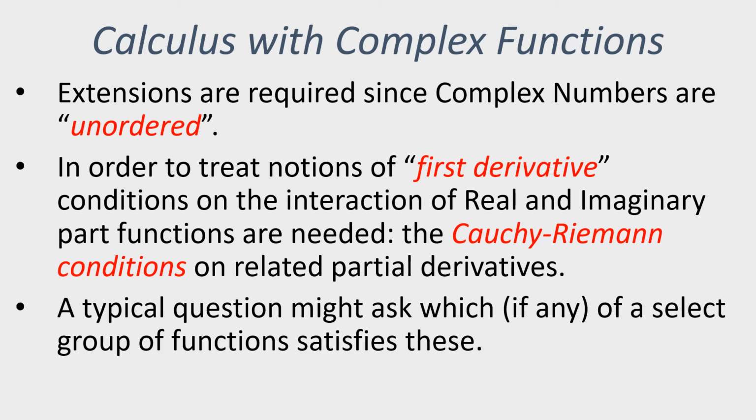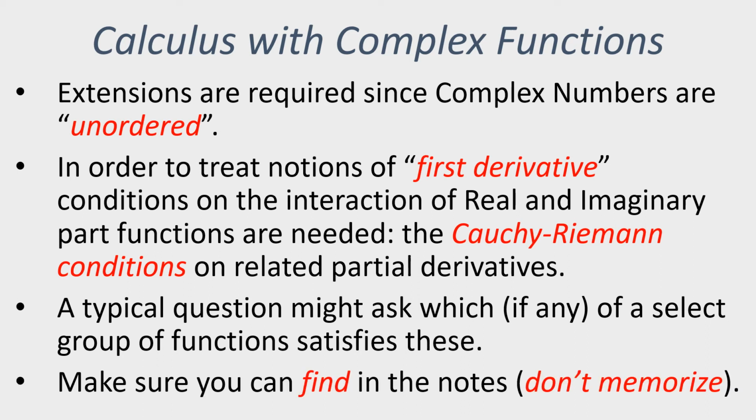A typical question might give a particular function and ask which, if any, of the Cauchy-Riemann conditions that function satisfies. So you should make sure for that type of question that you can find where in the notes the Cauchy-Riemann conditions are given. Don't try and memorize them. There's no point in doing that.